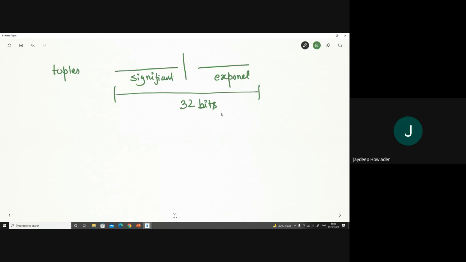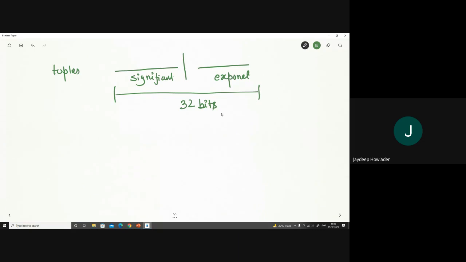So what do we mean by floating point? Floating point means that there are representations having two components: one is called the significand and another is called the exponent. Okay. So by moving the exponent, we can change the decimal position, and by varying the significand, we change the numerical value of the number.